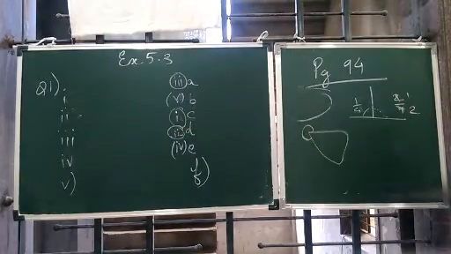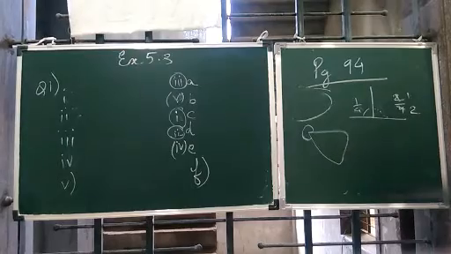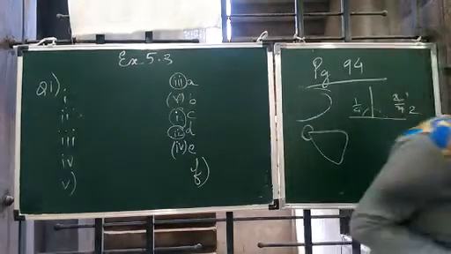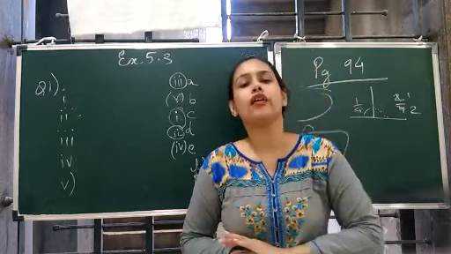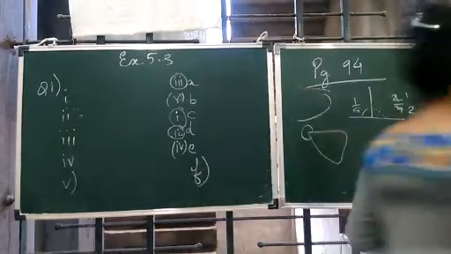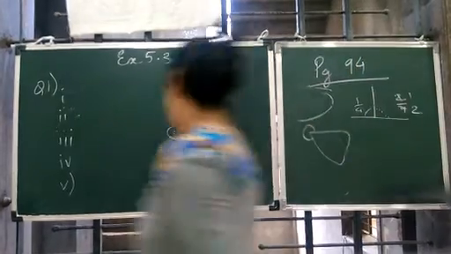Now question number 2. Classify each of the following as right, straight, acute, obtuse or reflex. Let me draw the figure, then we are going to do it.